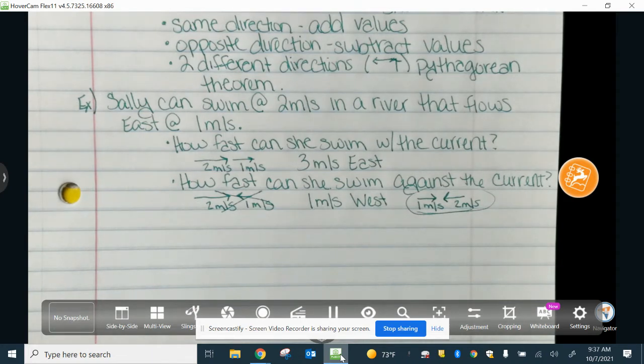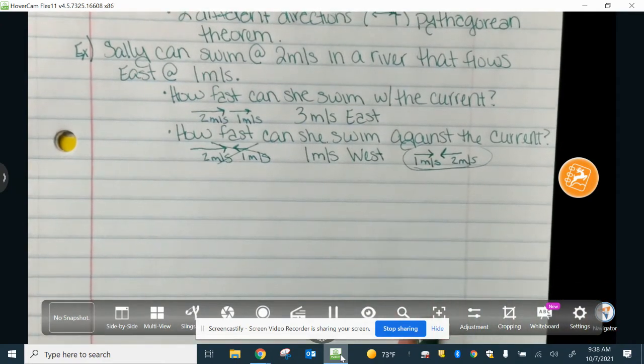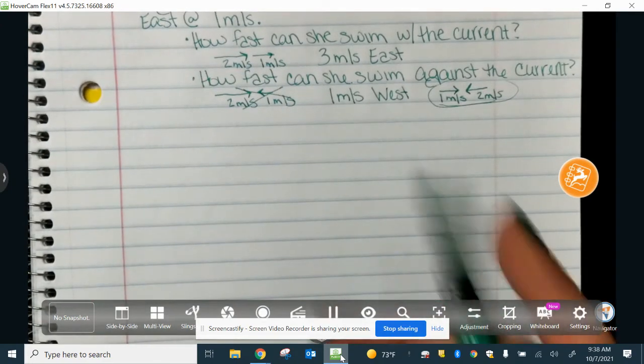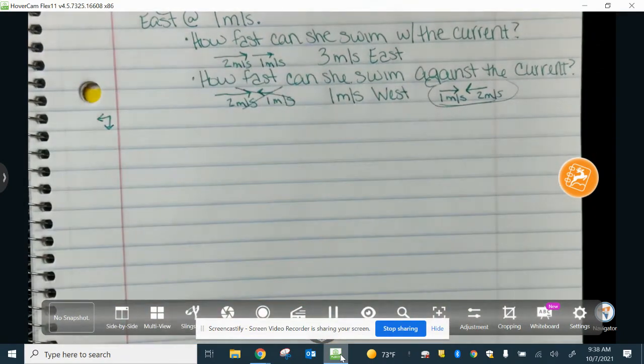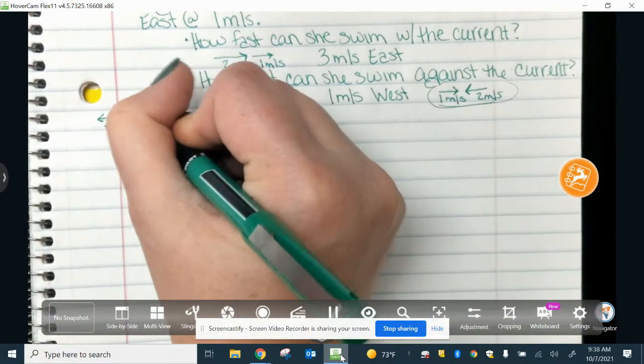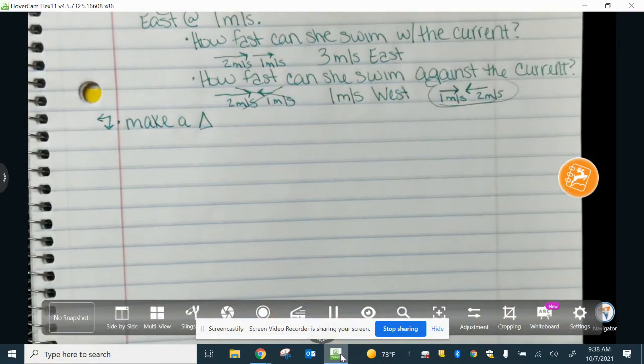All right, so then if they're in two different directions, north and east, south and west, you'd want to make a triangle.